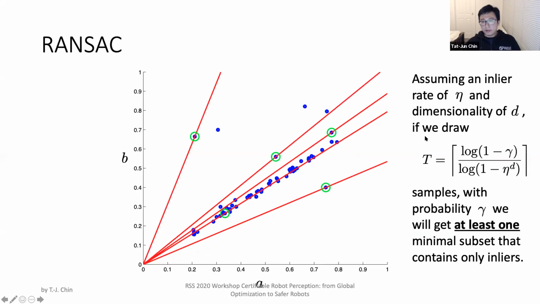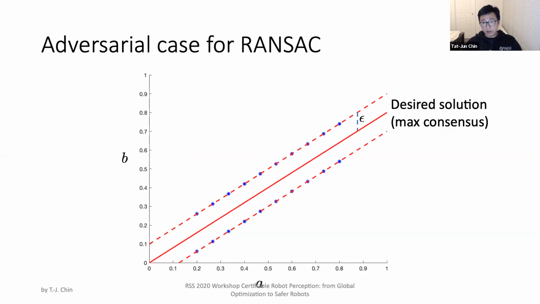Okay, so what is the problem with that? Well, here's an adversarial case for RANSAC. Maybe adversarial is the wrong word to use for it, but it's popular these days with deep learning. Why is it an adversarial case? Well, you can see that this is an estimate, with the inlier threshold epsilon, that captures all the points in the consensus, in the epsilon band, but that estimate does not pass through any of the points.